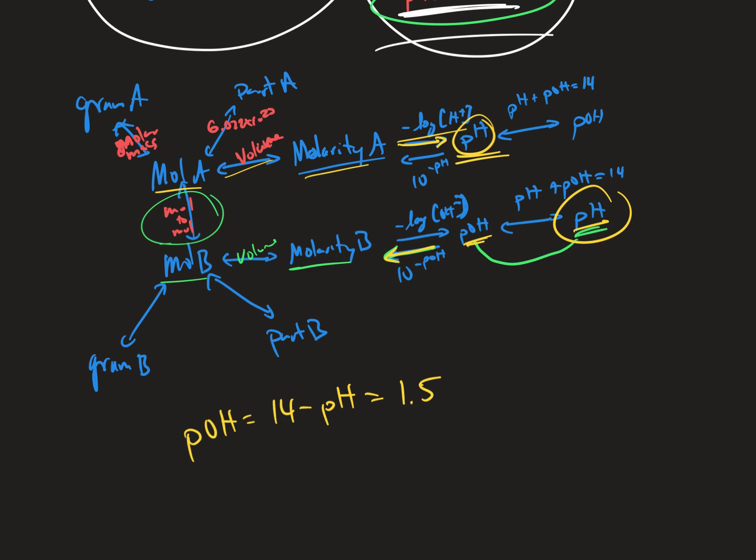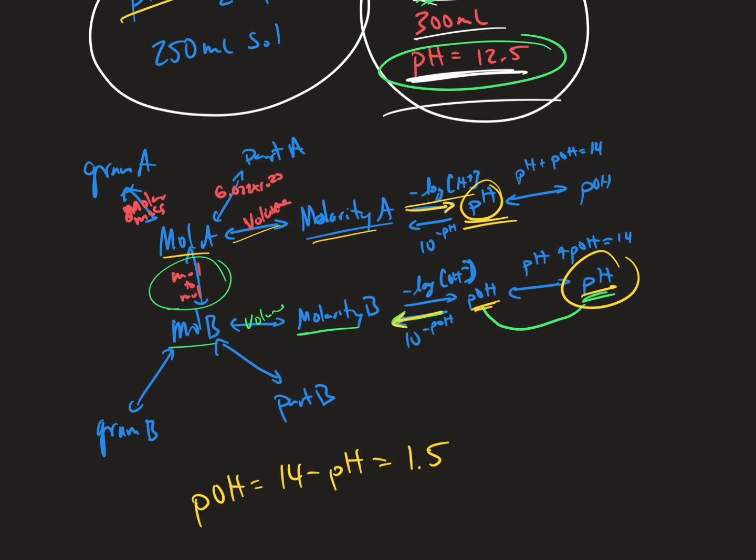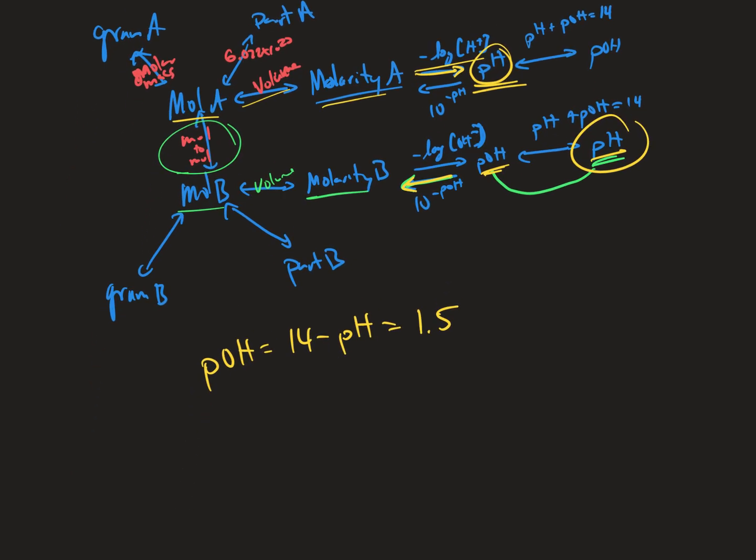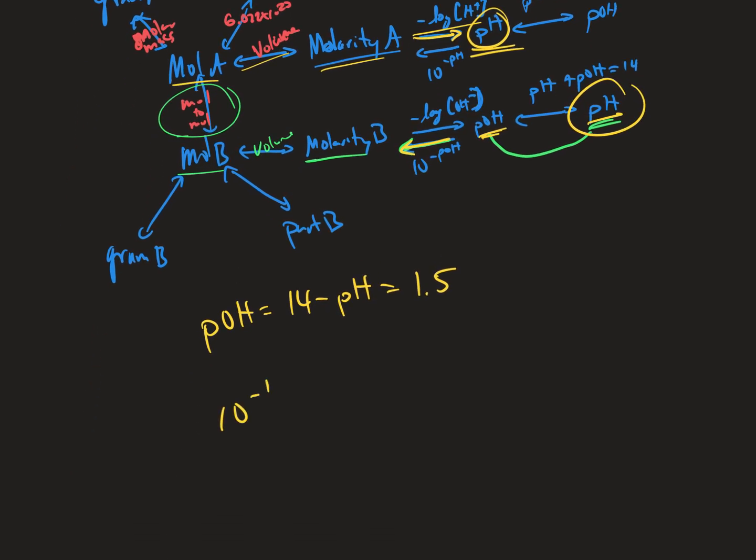I'm going to follow this path to find the concentration of my OH, or in this case, my base, because it is a 1-to-1 ratio. We good? So we go 10 to the negative 1.5 is going to give me my concentration of my NaOH. Are you with me? And so what's 10 to the negative 1.5? I can't do that in my head.